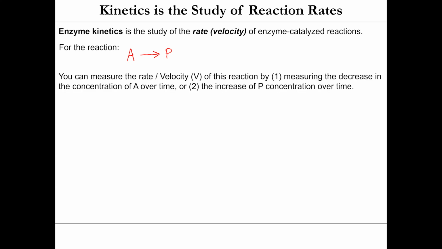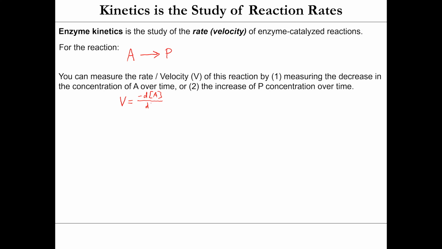Now, you can measure the rate or velocity, which is signified by the letter V, of this reaction in two different ways. So one is you can measure the decrease in the concentration of A over time. So the decrease in the concentration of the substrate or reactant. So that would be written as the velocity, V, as a function of decreasing concentrations of A as a function of time.